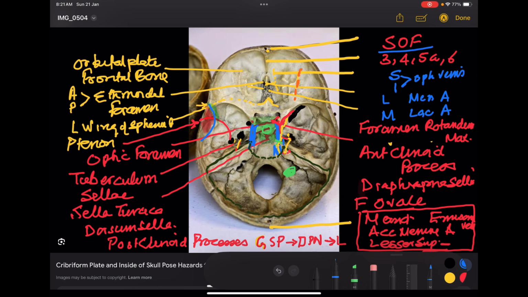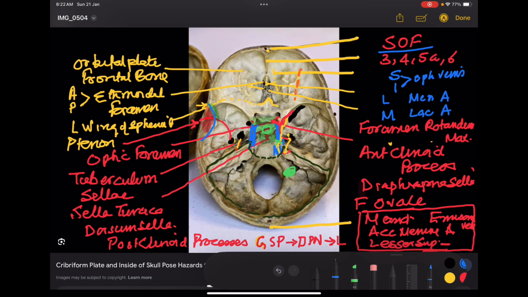The other is the greater superficial petrosal nerve, which emerges out of the foramen lacerum, takes sympathetic fibers from the internal carotid artery, becomes the deep petrosal nerve, goes into the pterygopalatine fossa, hikes onto the maxillary nerve, and then the lacrimal branch of the ophthalmic nerve to supply the lacrimal gland.